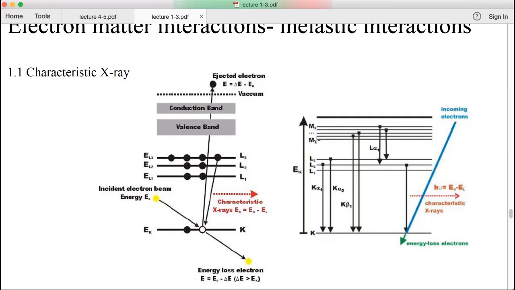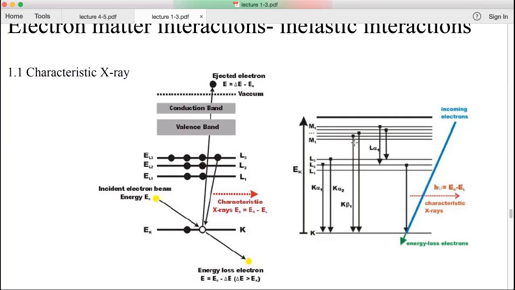This is basic chemistry. If they're coming from 3p or 3d, we will see. If they're coming from these M shells, that is going to be beta. If they are coming from the immediately above one, that is L, they are alpha.